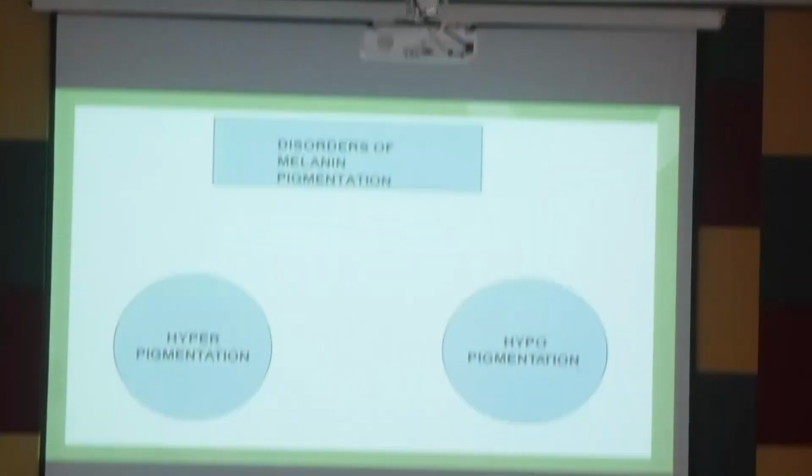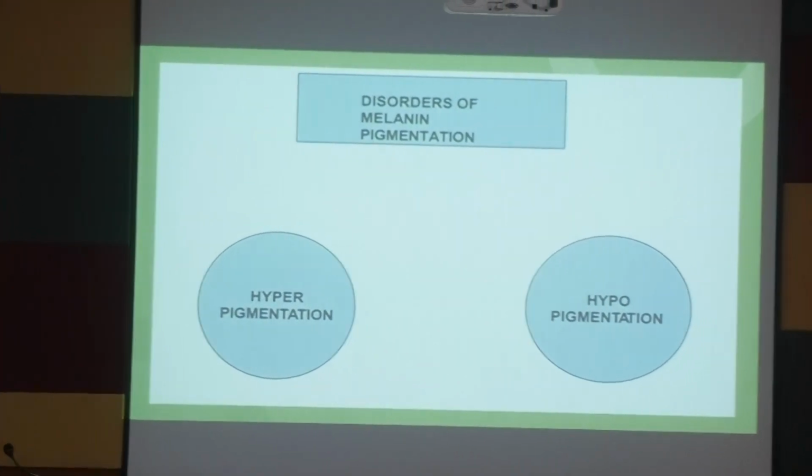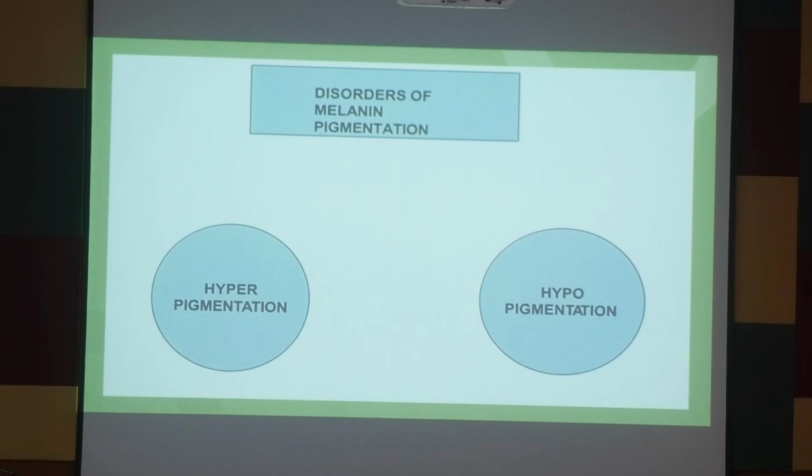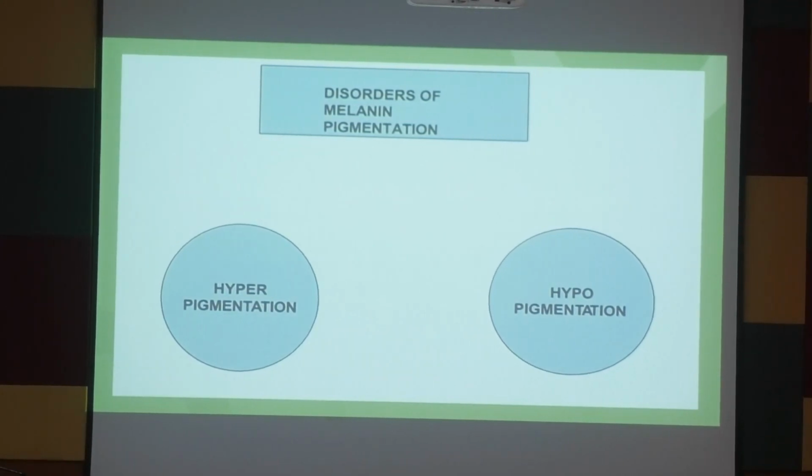So disorders of melanin pigmentation, whether melanin is present in abundance or melanin is present in scarcity. So if the melanin is present in abundance, that is called hyperpigmentation, and if the melanin is scarce in our body, less produced than required, then it is called hypopigmentation.